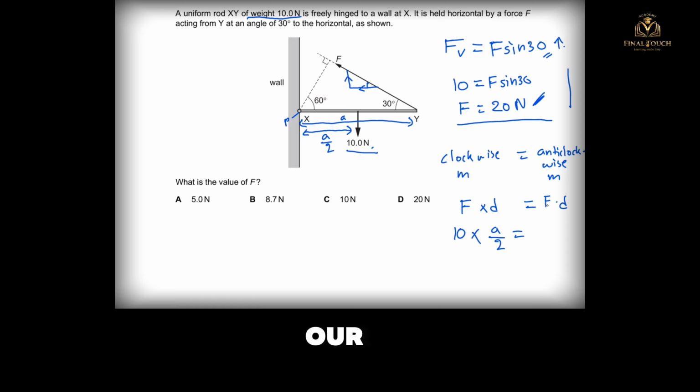And our force over here, the vertical force from here, that is the F sine theta that we found over here, this vertical component. So that is F sine 30, and the distance from X to Y, that is A.